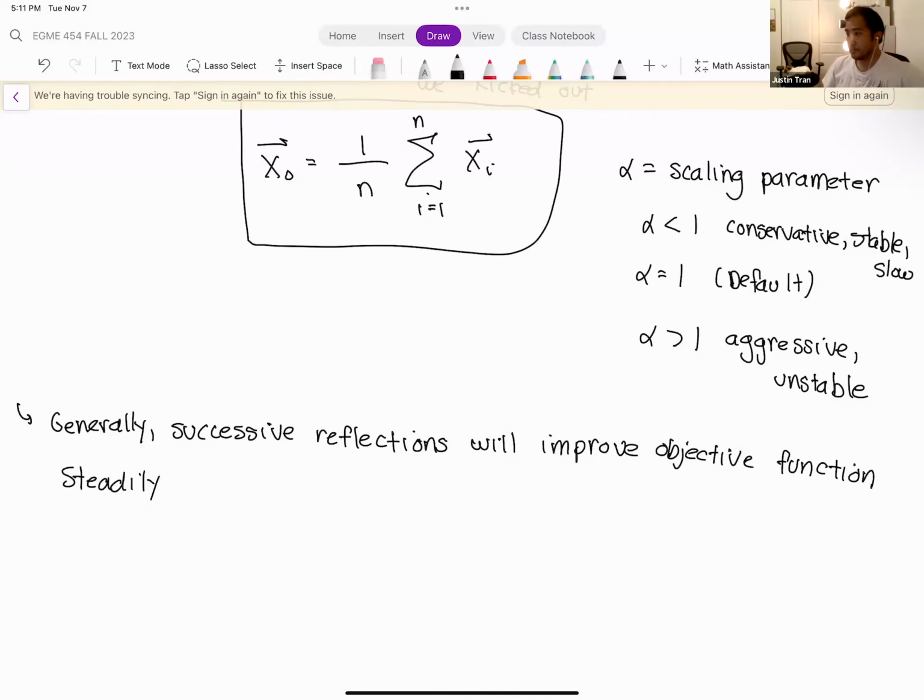If you keep reflecting the worst point, in a lot of cases you're going to get closer and closer to the optimum. But there are some things that may happen that can throw a wrench in this plan.